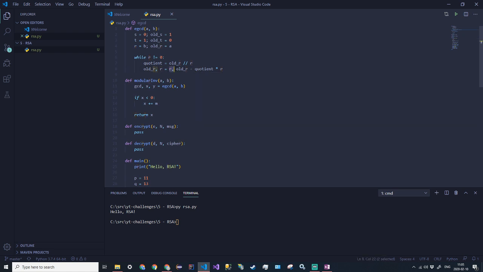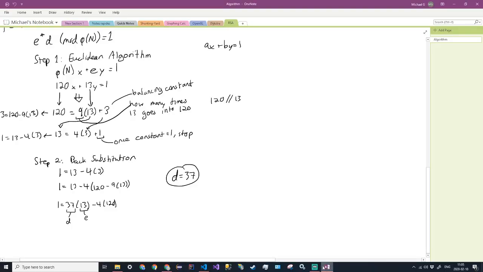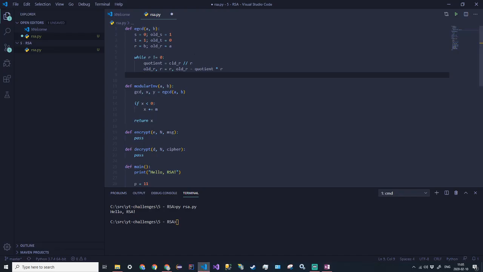So we could determine the greatest common denominator with just R and old R. But because we want to do back substitution, we'll need to store two other variables which will allow us to do so. So the old S, old T, and S and T, those variables will allow us to actually do the back substitution.